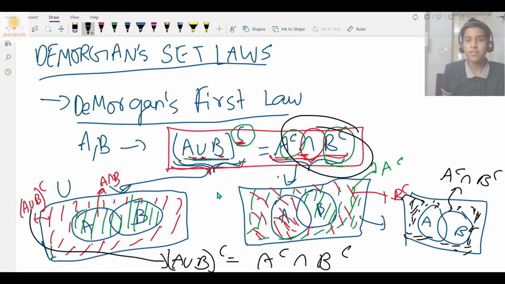So I said first that if you prove that the shaded parts in both these Venn diagrams are equal, then the sets are equal, right? Because the shaded parts in Venn diagrams are just the sets. So we just proved that the absolute complement of A union B is equal to the intersection of A complement and B complement. So that's De Morgan's first law.